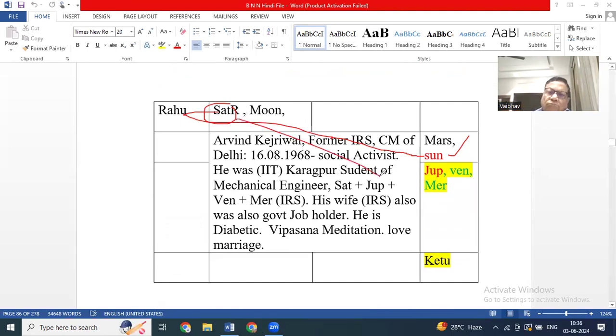Because Saturn and Jupiter are already in one direction, Dharma Karma Yoga. This Dharma Karma Yoga is because Saturn retro is connected to Rahu and Sun. So Saturn, Jupiter, Sun and Rahu, as we discussed earlier, Raja Yoga, Maharaja Yoga. So that's why he became Chief Minister.